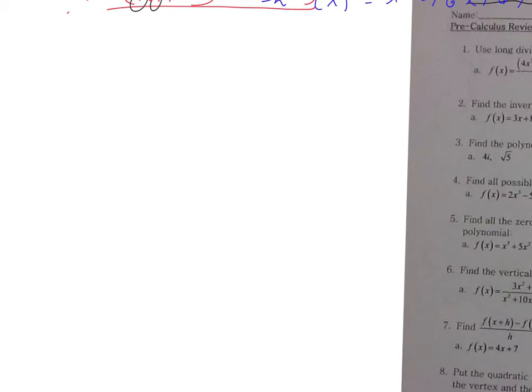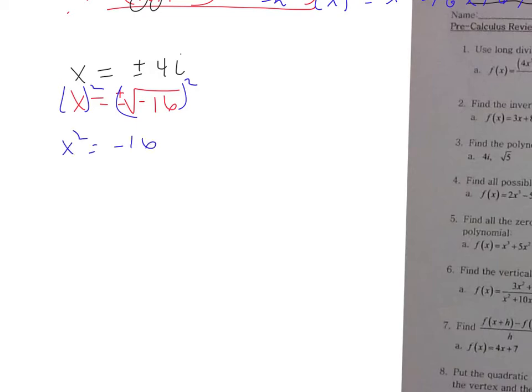So that was x is equal to plus or minus 4i, which is x is equal to plus or minus the square root of negative 16. That would give me my 4i. So I square both sides. So I get x squared is equal to negative 16. Add 16, I get x squared plus 16 is one of my factors.